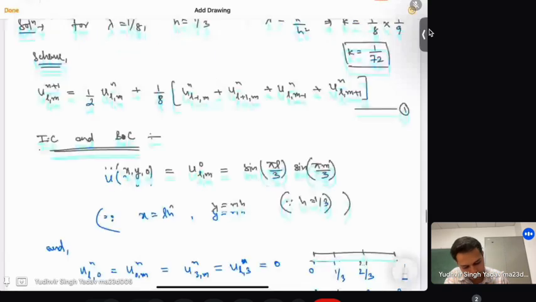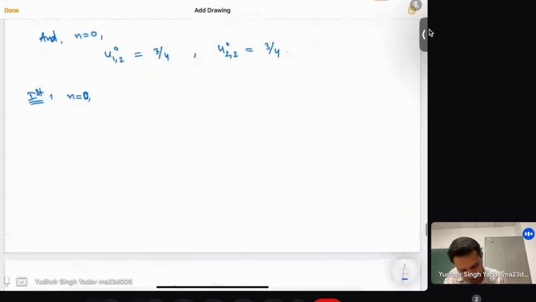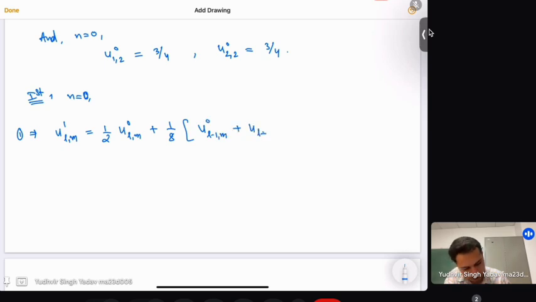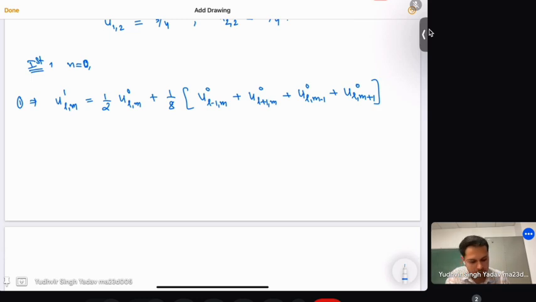The scheme 1 will result into u(l,m)^1 equals 1 by 2 u(l,m)^0 plus 1 by 8 times [u(l-1,m)^0 plus u(l+1,m)^0 plus u(l,m-1)^0 plus u(l,m+1)^0]. So this is the scheme.